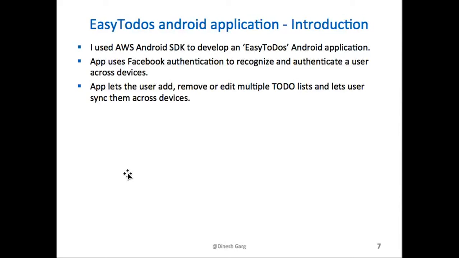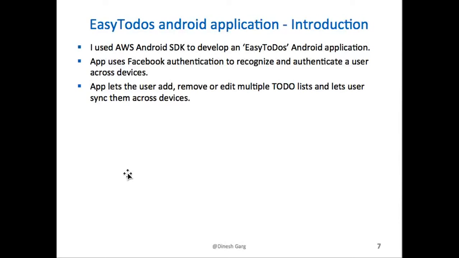Now let's go a little deeper into one particular aspect of the AWS SDK just to get a sense of how exactly it helps a developer in different ways. What I have done here is I've created a small application called EasyToDos. It's an Android application.